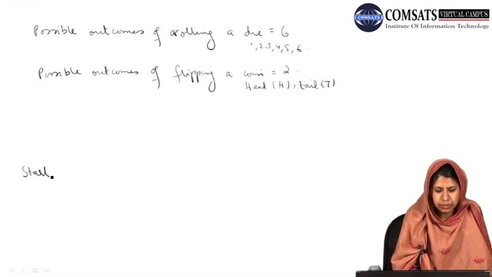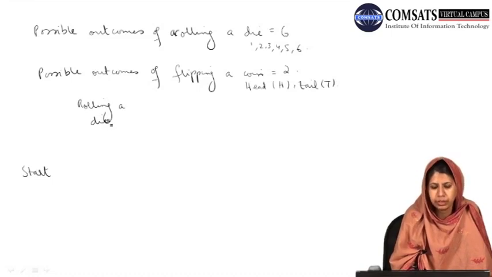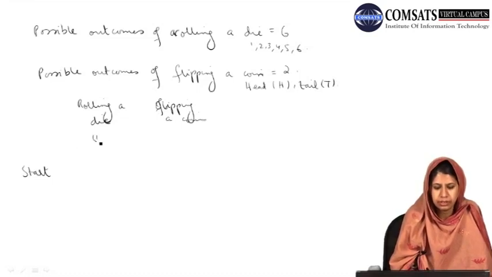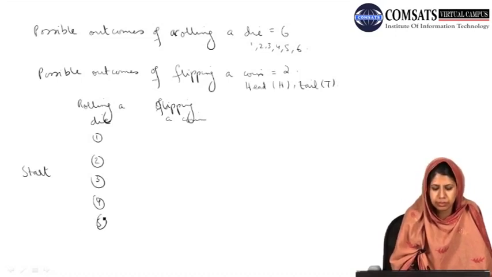For example, we start our game here and we roll a die. We have 6 possible outcomes when we roll our die.